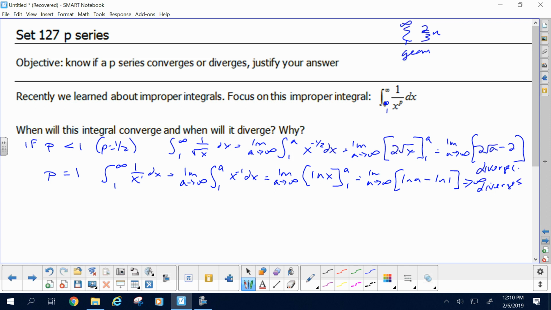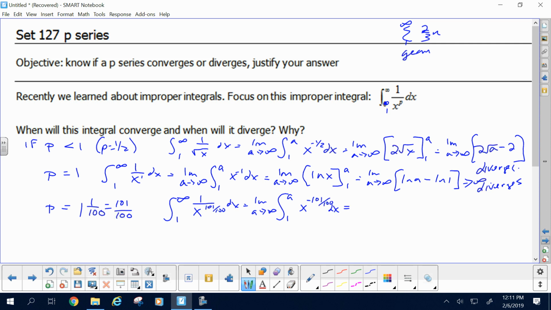If, however, we have a little bigger power in the denominator, say P equal 2, or even, actually, let's go P to the 1 and 1/100, or 101 hundredths. Just barely beyond 1, okay? Then the problem becomes the integral from 1 to infinity of 1 over x to the 101 over 100, which is the limit as a goes to infinity from 1 to a of x to the negative 101 over 100.